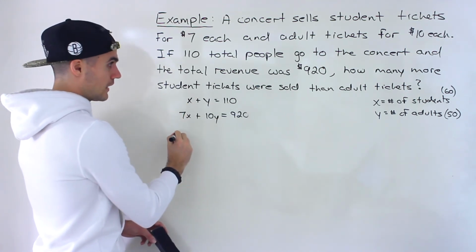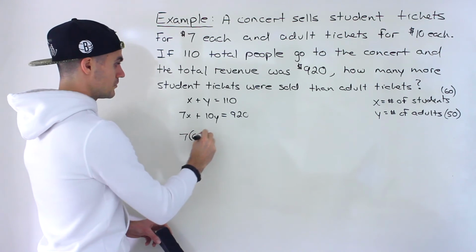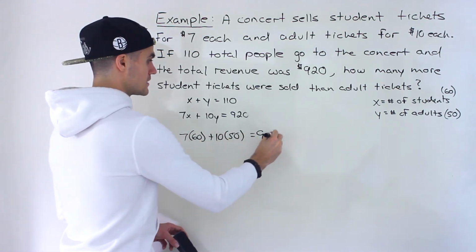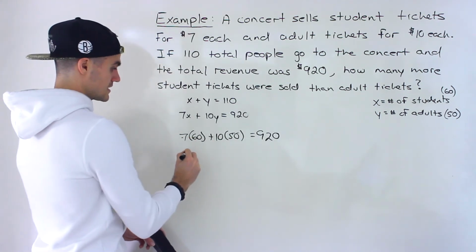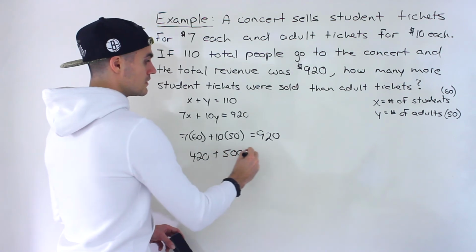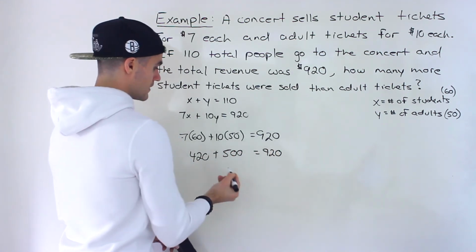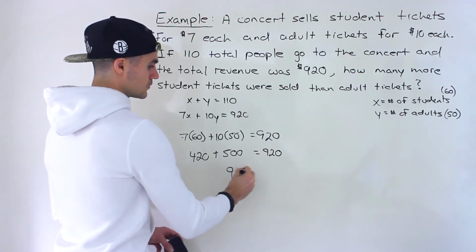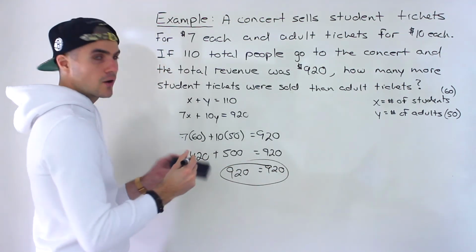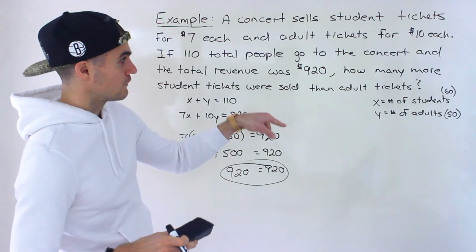And then over here, we'll have 7 times 60 plus 10 times 50. Is that going to be 920? Let's see. 7 times 60 is 420. 10 times 50 is 500. And notice that it indeed equals 920. All right, so both check out. We could be pretty confident that those are the correct values.